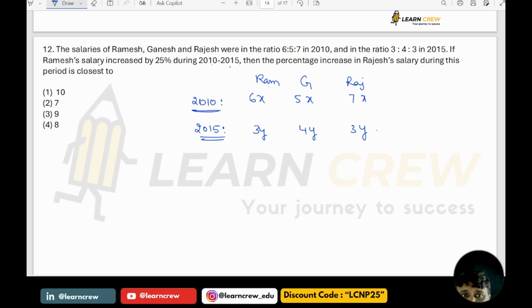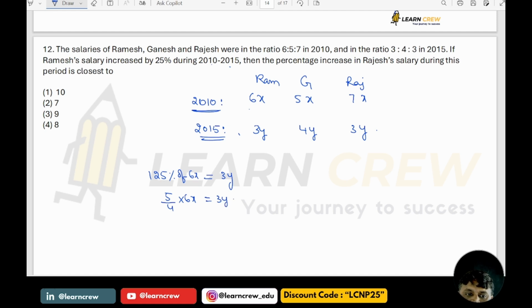If Ramesh's salary is increased by 25% from 2010 to 2015, so this 3y is how much? 125% of 6x. 125% means 5 by 4. 5 by 4 into 6x is equal to 3y.